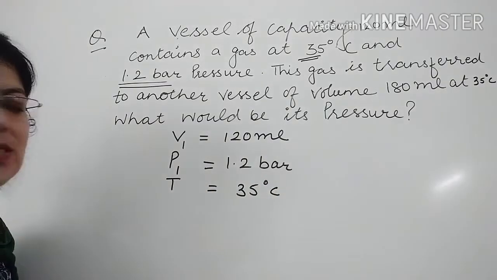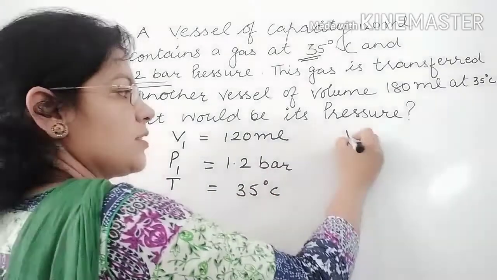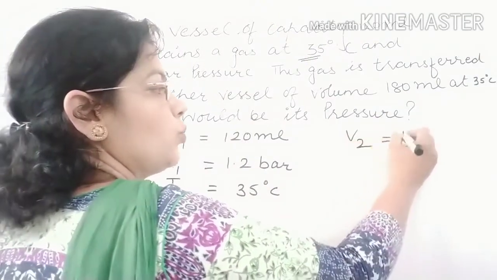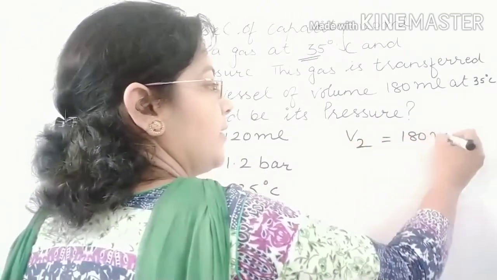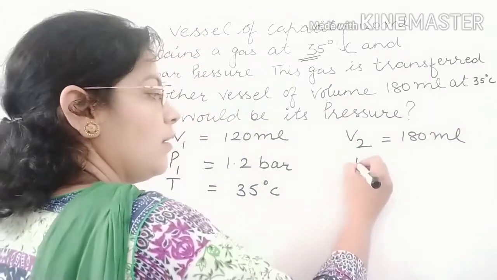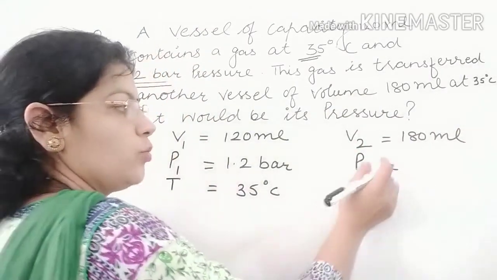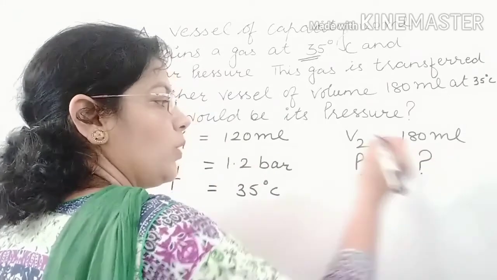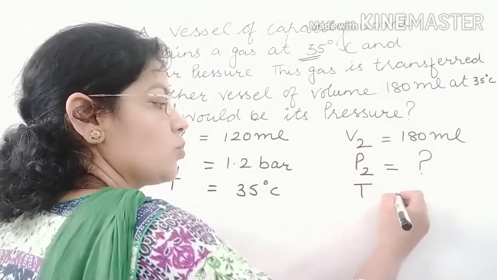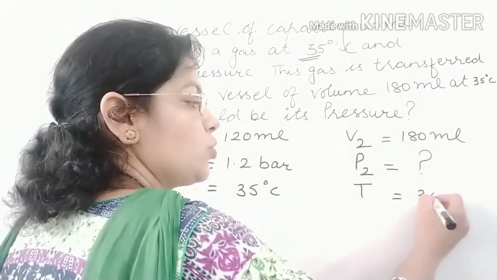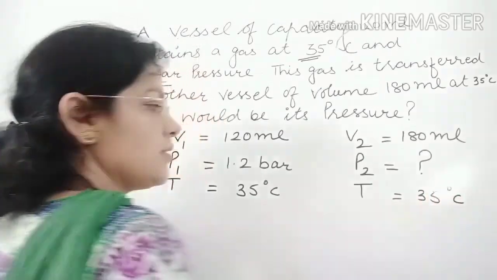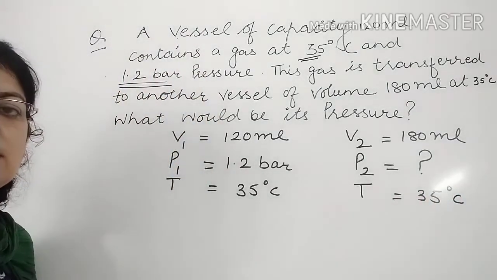For the second vessel, the volume V2 is 180 ml, and the pressure, let us suppose P2, is what we have to calculate, and the temperature is constant for these two vessels, that is 35 degrees Celsius.